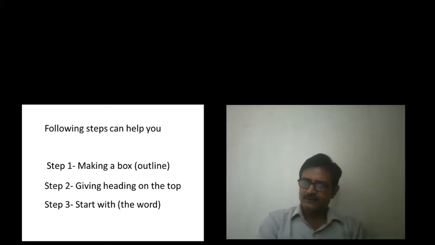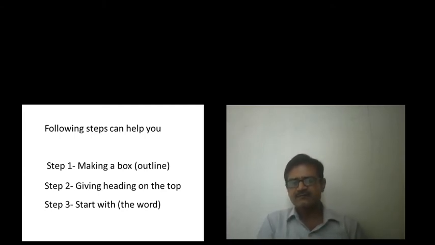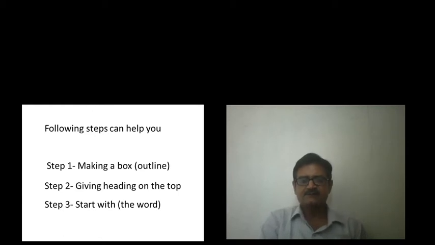Either you write the contents and then make the box after that, or you make the box first. Most students forget, they think they will make the box after completing, and they proceed to the next question, and this is the missing part. So never miss this. Make a box and outline, that is very important for any kind of classified ad.